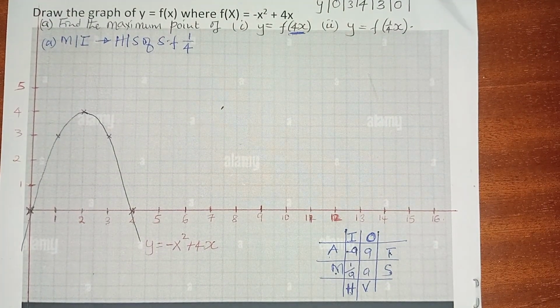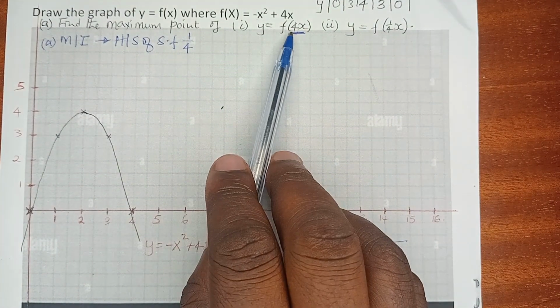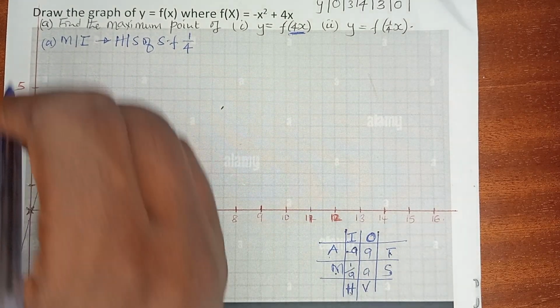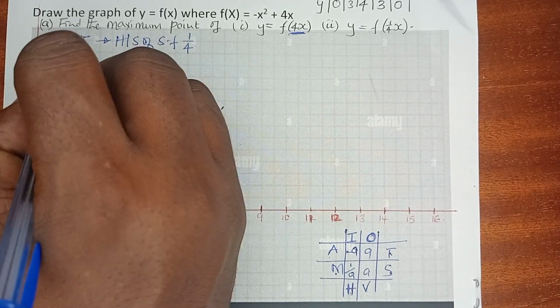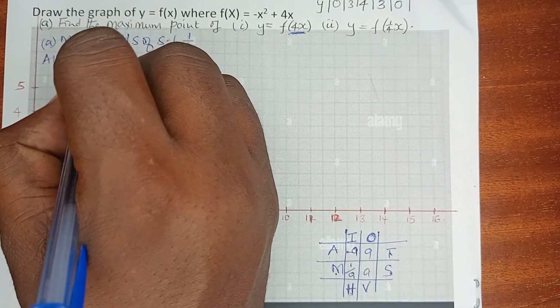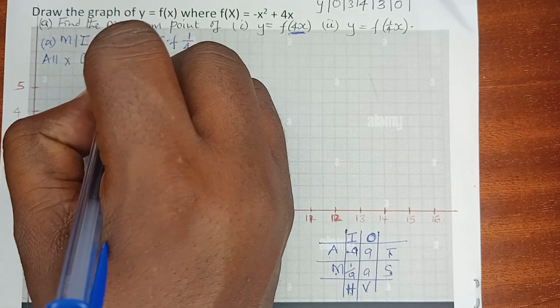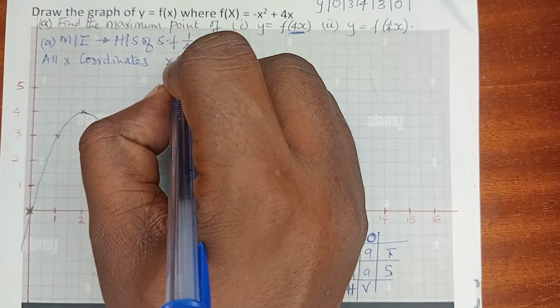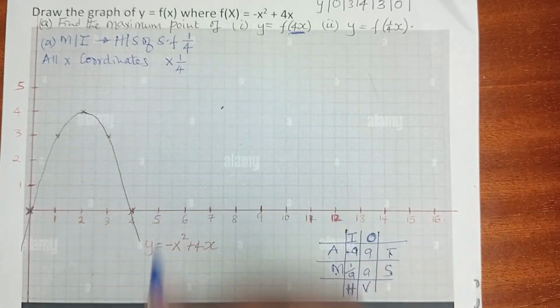Our a is 4, and a is the parameter of the transformation. That means all x coordinates are multiplied by a quarter.